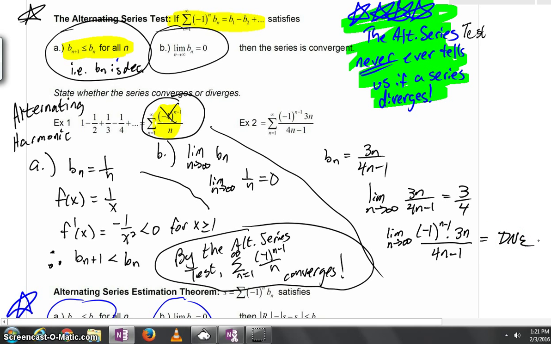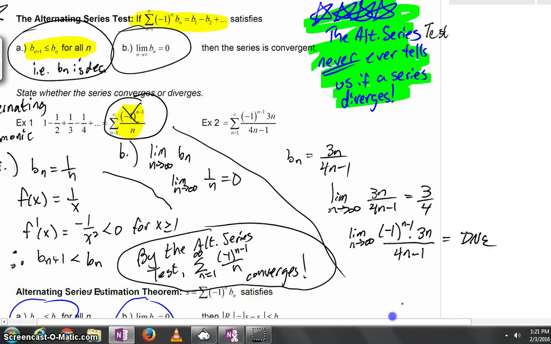Negative 1 to an even power is positive 1. Negative 1 raised to an odd power goes down to negative 1. But does not exist means that you're not equal to 0. Guess what one of your best friends is in terms of quick checks if a series converges or diverges? The nth term test.